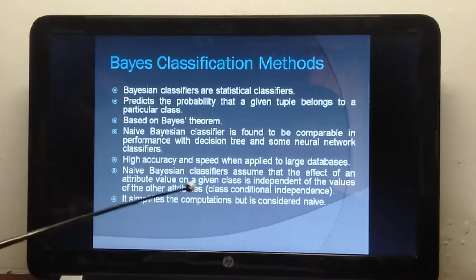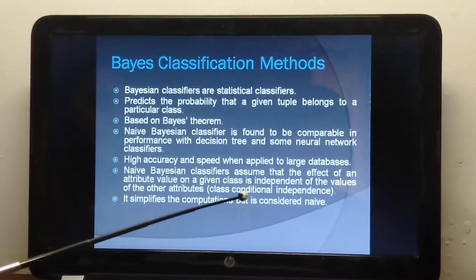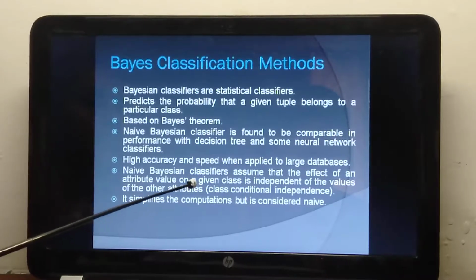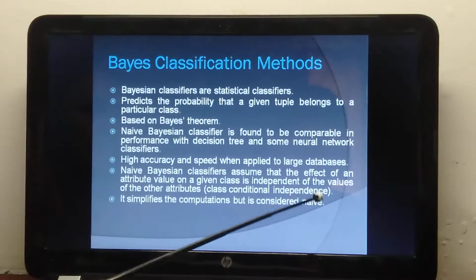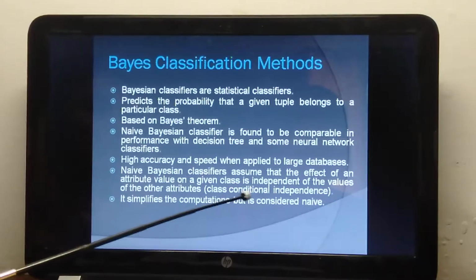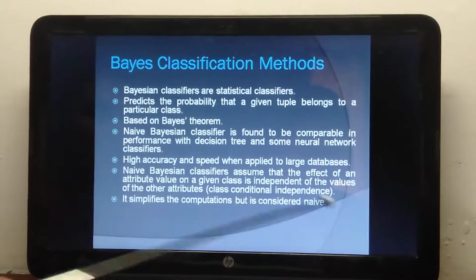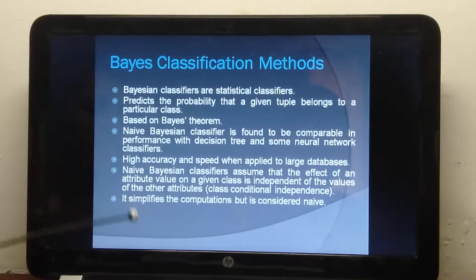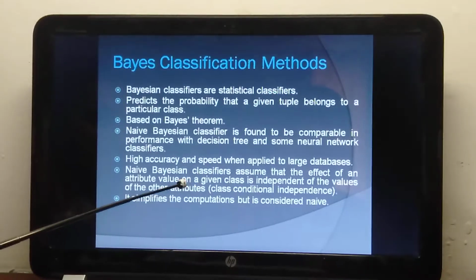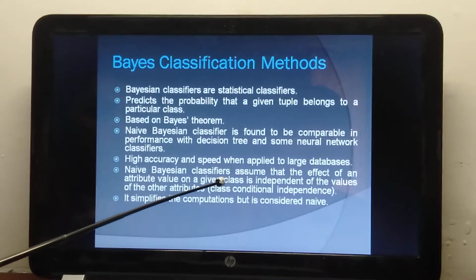So, if we have dependent attributes and dependent classes, it is difficult to use naive Bayes classification. That is, the effect of an attribute value on a given class is independent of the values of the other attributes. So, the attributes are not dependent on each other. In that case, naive Bayes classification is good.